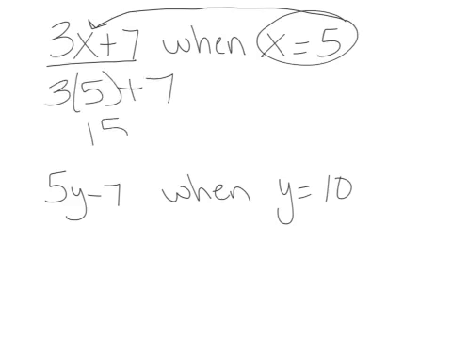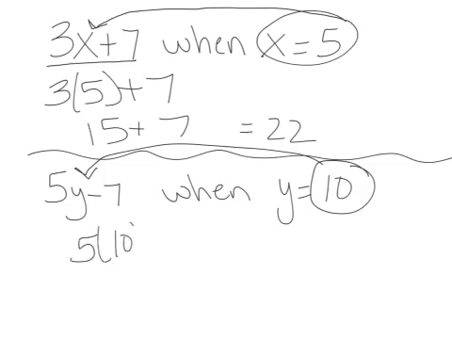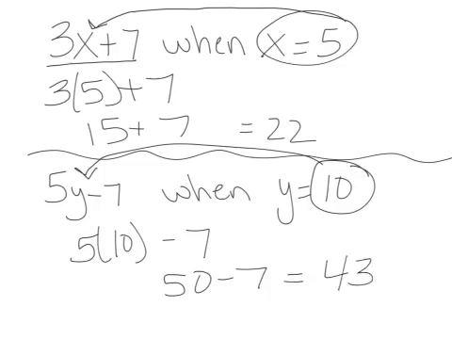So we'd have 15 plus 7. That would be 22. Now you guys have already done that. That's a small form of substitution. We call it evaluating, but it's a very small form of substitution. So likewise with this one here, we can substitute what y equals, which is 10, in for y, and evaluate. So we would have 5 times 10 minus 7, which would give us 50 minus 7, which is 43. So that's old news, right?